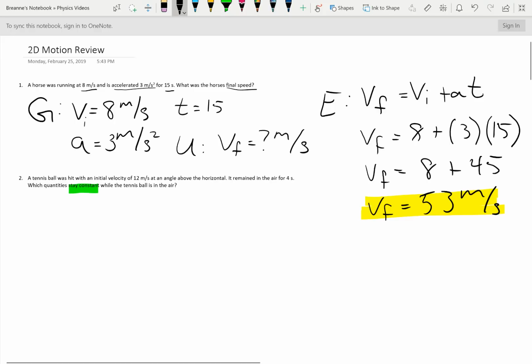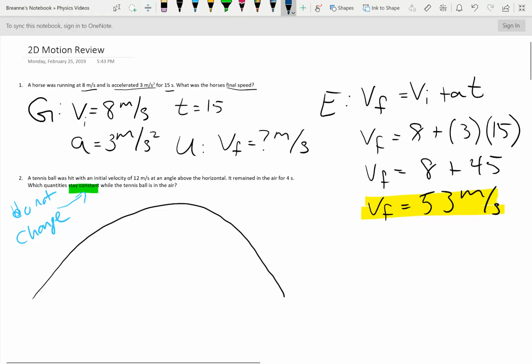So we have a ball that's being launched. Boom. And we want the things that stay constant. We want the items that do not change. That's what constant means. Do not change.